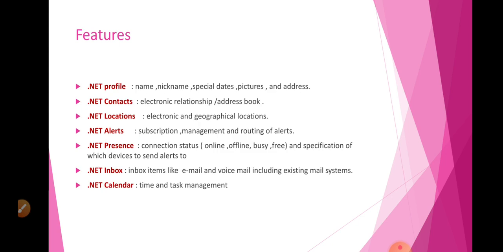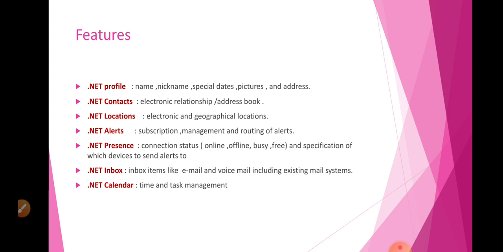First, it contains .NET Profile, next .NET Contacts, .NET Location, .NET Alerts, just like our mobile phone application. For example, a mobile consists of the profile of its owner, the contacts of its owner, the location, alerts, etc. Likewise, .NET My Services consists of these features.